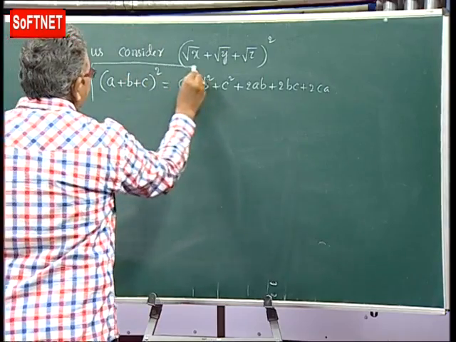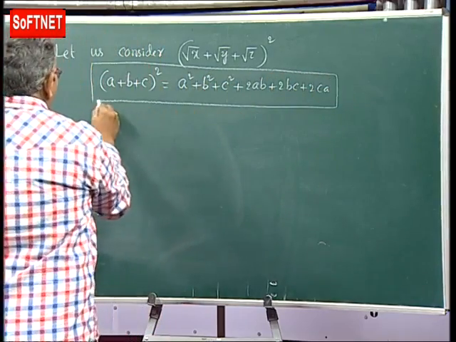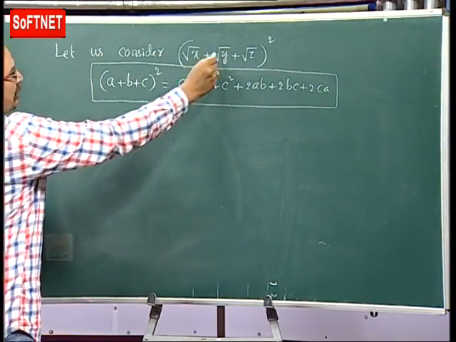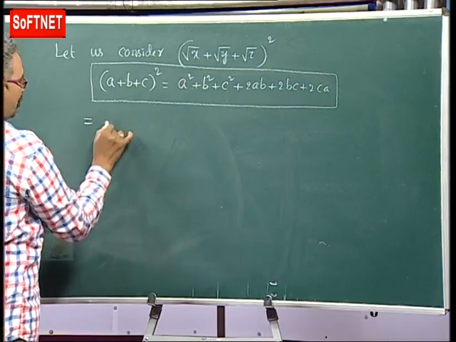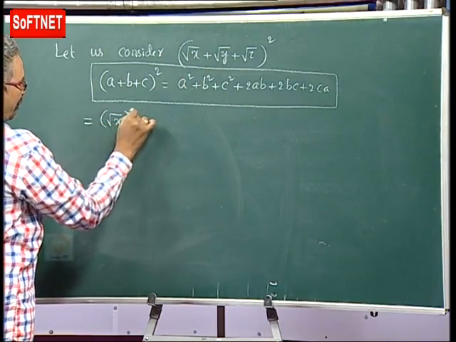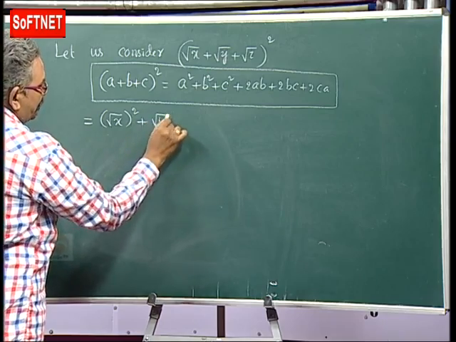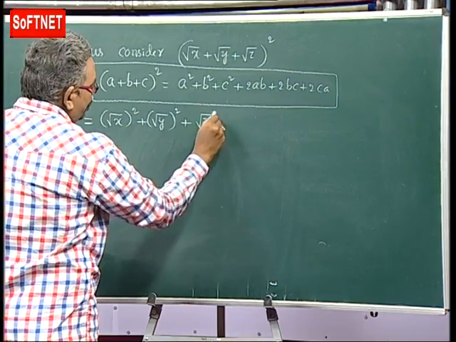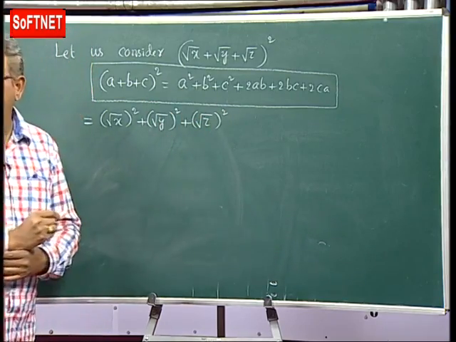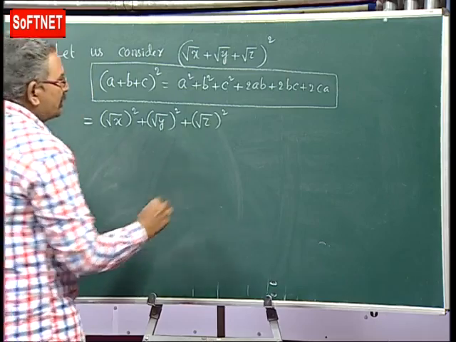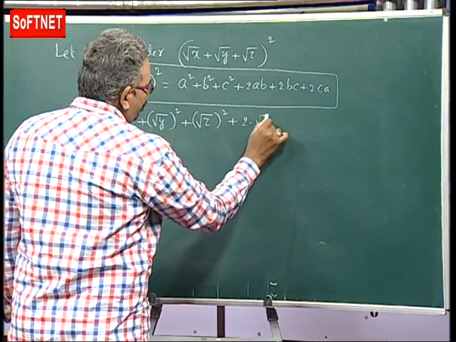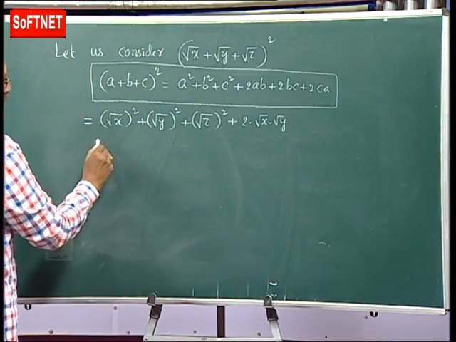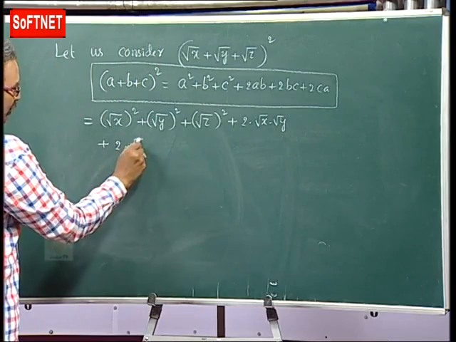This is one of the algebraic identities. Using this we can write root x square plus root y square plus root z square plus 2 into root x into root y plus 2 into root y into root z.